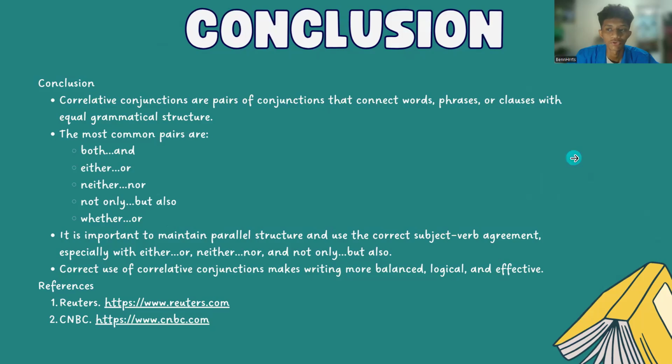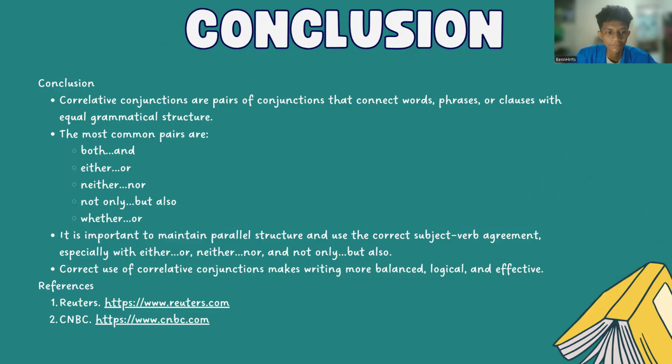And this is for the conclusion. Correlative conjunctions are pairs of conjunctions that connect words, phrases, or clauses with equal grammatical structure. The most common pairs are both and, either or, neither nor, not only but also, whether or.